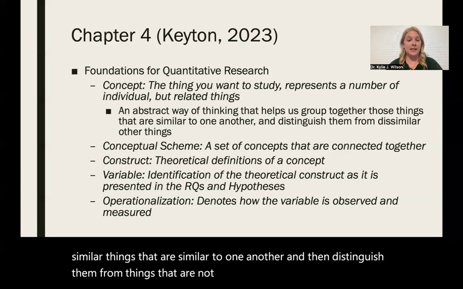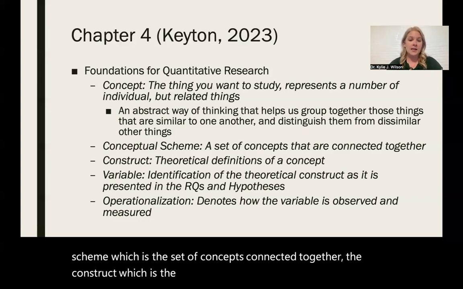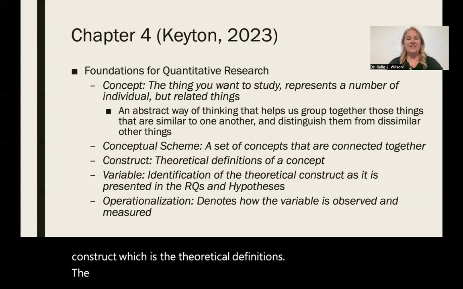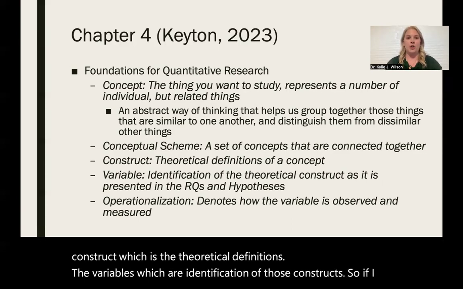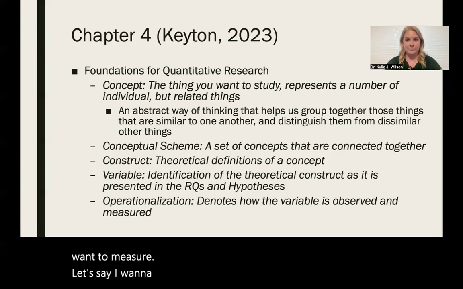We have a conceptual scheme, which is the set of concepts connected together, the construct, which is the theoretical definitions, the variables, which are identification of those constructs. So let's say I want to measure stigmatization, how individuals are stigmatized.